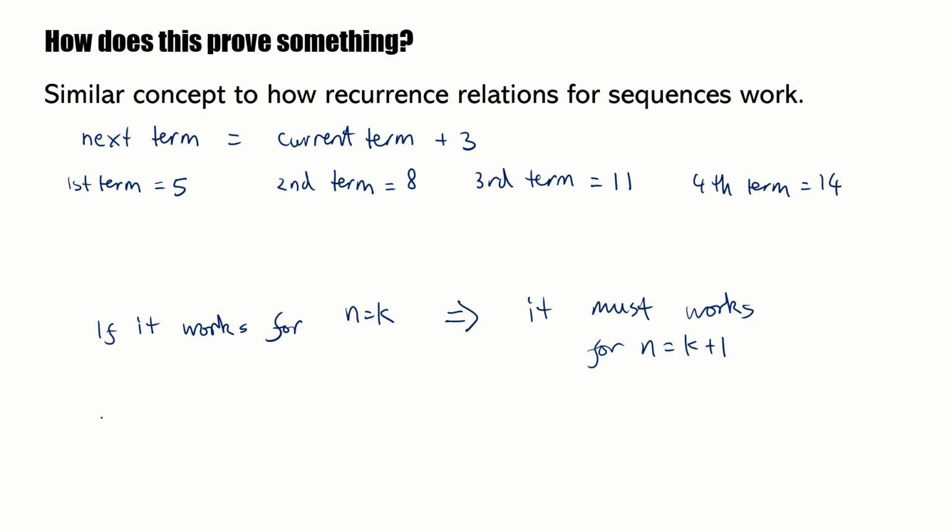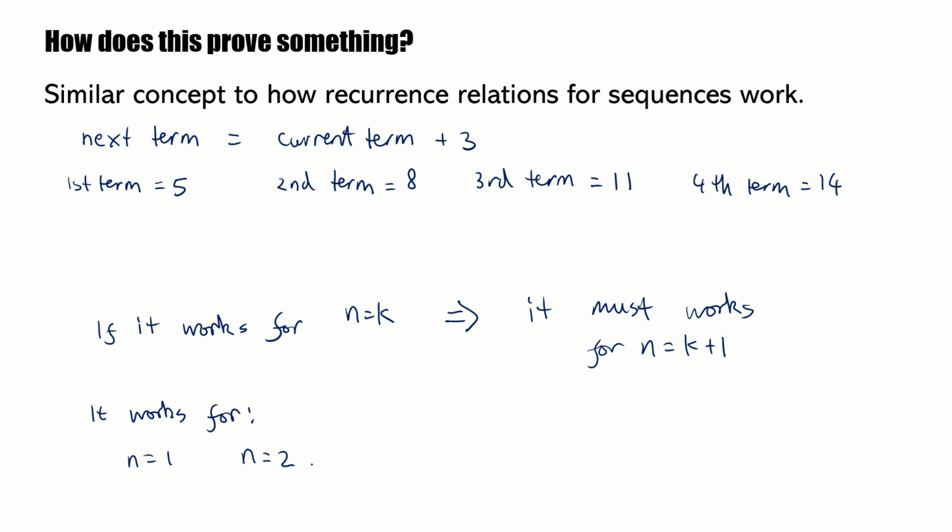But as soon as you pair it with a known number you know it works for, for instance, you've proved that it works for n equals 1, then by combining that fact with the inductive step, you know immediately it must work for n equals 2.